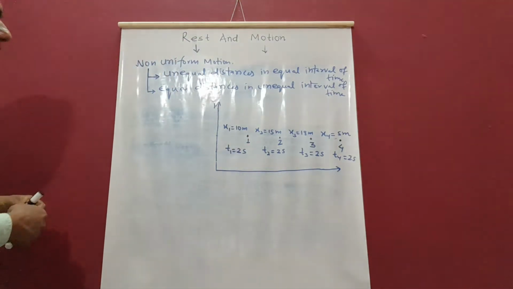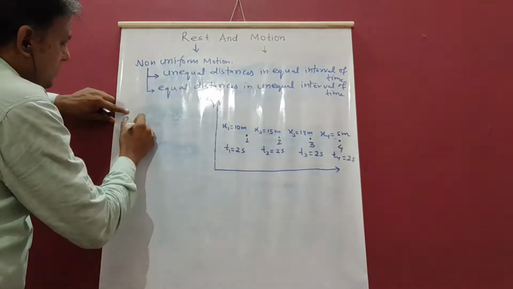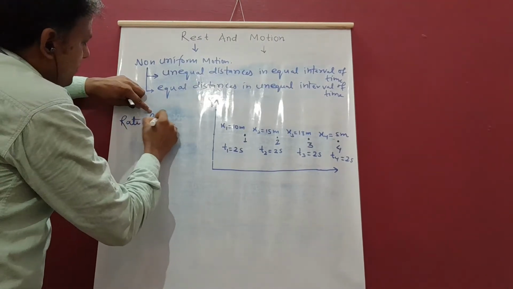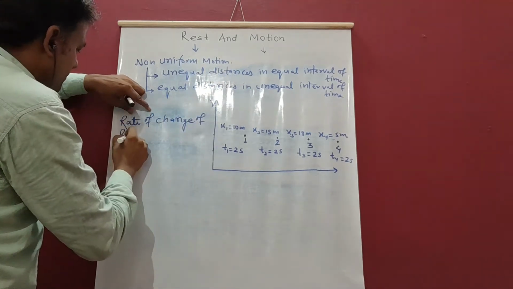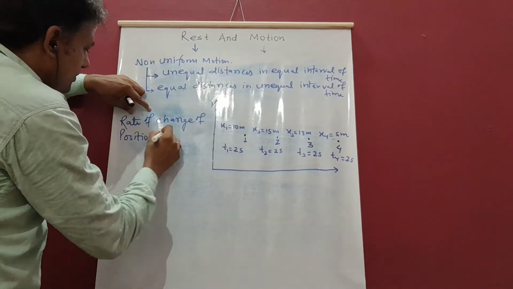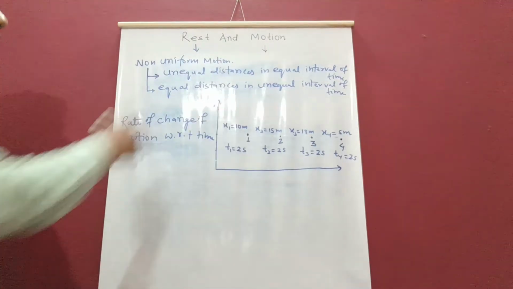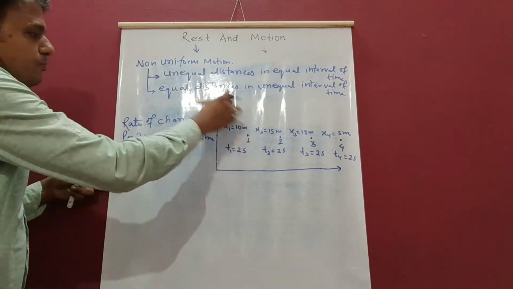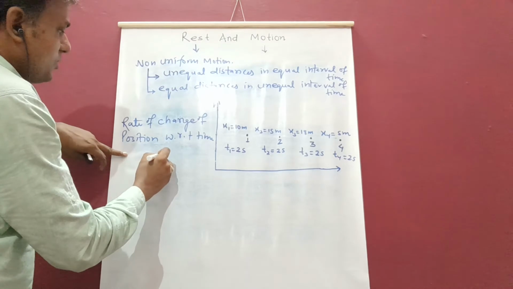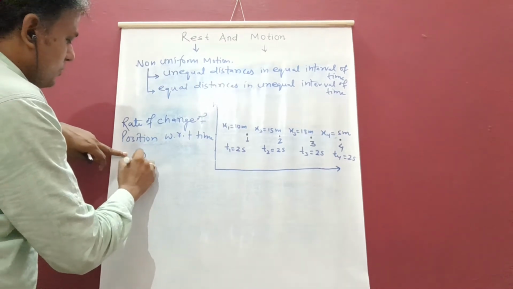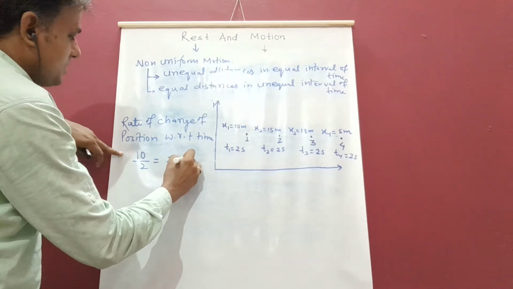So if you want to find out the rate of change of position with respect to time in all the cases: for position 1, the rate of change of position with respect to time is 10 upon 2, which is 2 meter per second.